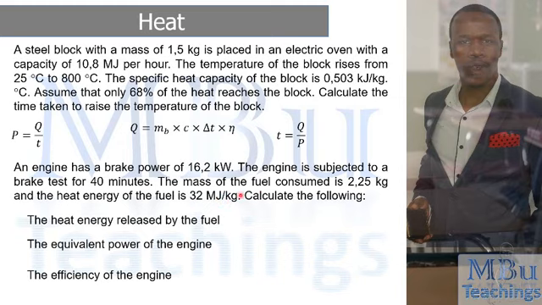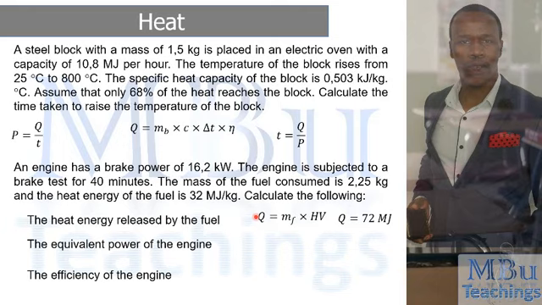So if we have those two, we can use them to get our energy. Q, heat energy, substitute, and then we get our answer. Let's move to the next question.